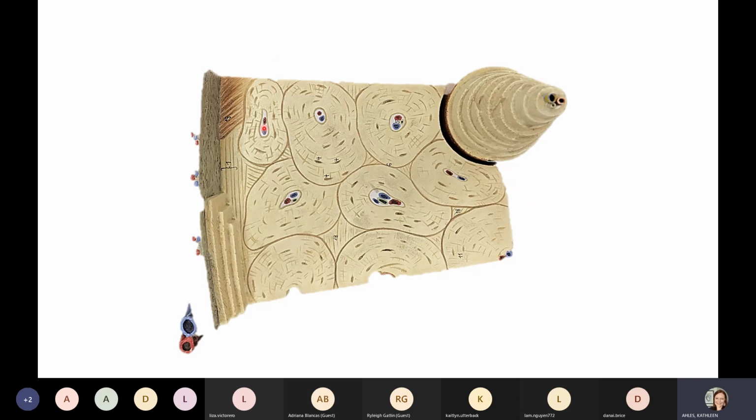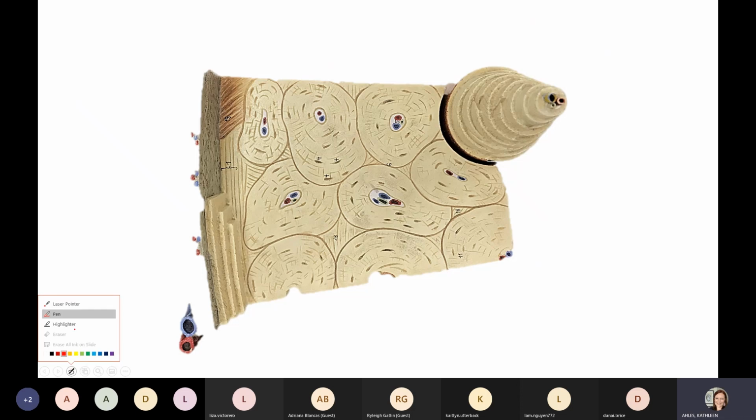So let's start with these spaces here where you see red and blue. The spaces where we see red and blue, we've got blood vessels in there. On my model, you can see those blood vessels. So when we were looking at these on the tissue that was the bone, these were big black spots. What was the name of those black spots in the bone tissue? What are these things called? Where I can see those blood vessels.